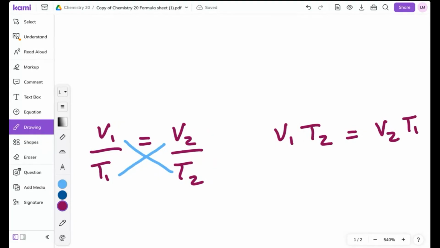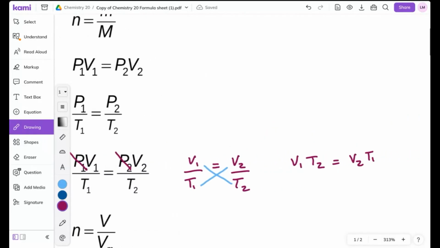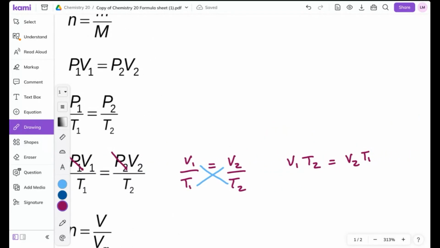So are you given Charles's law all nice, neat, and pretty on this formula sheet? No. However, you're given combined gas law, and both Charles's and Boyle's law are combined in it, and you can derive Charles's law out of the combined gas law formula, so long as you remember pressure has to remain constant.